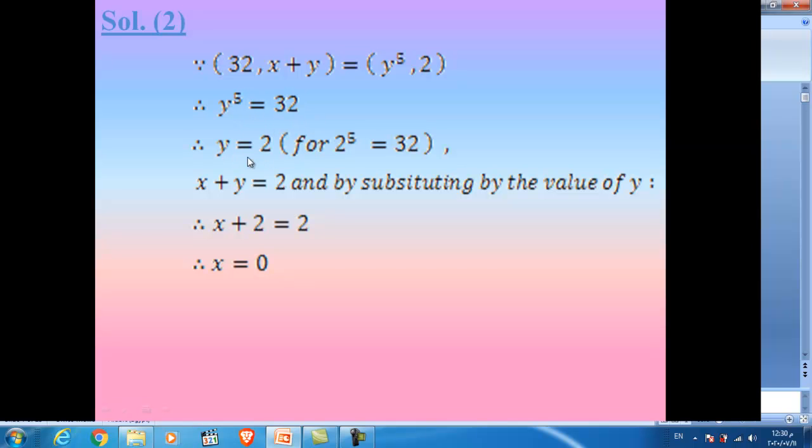So now y equals 2. And x + y equals 2. By substituting the value of y equals 2, x + 2 equals 2, so x equals 2 minus 2 equals 0. So now x equals 0.